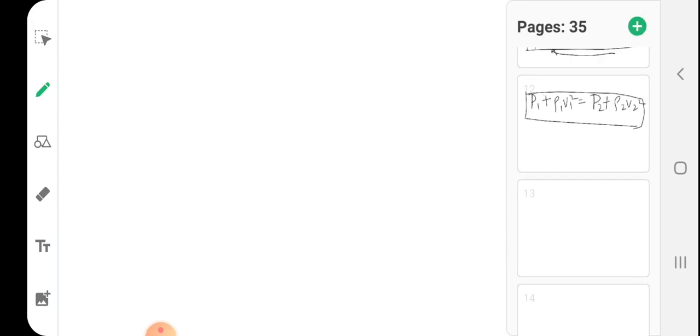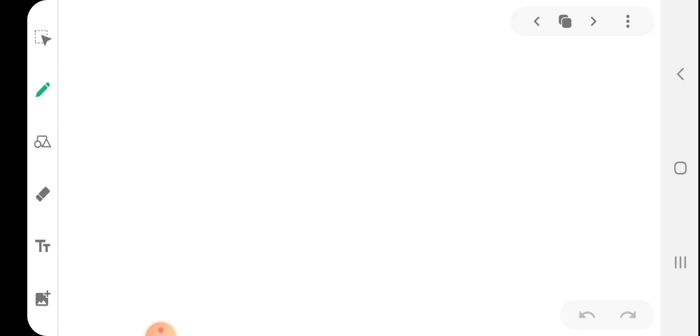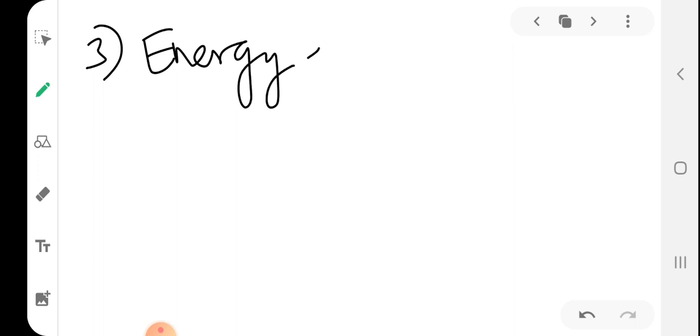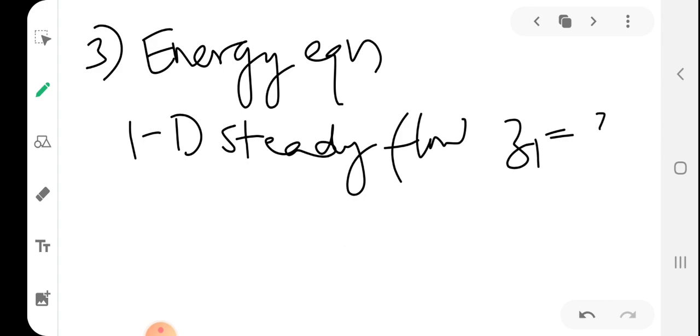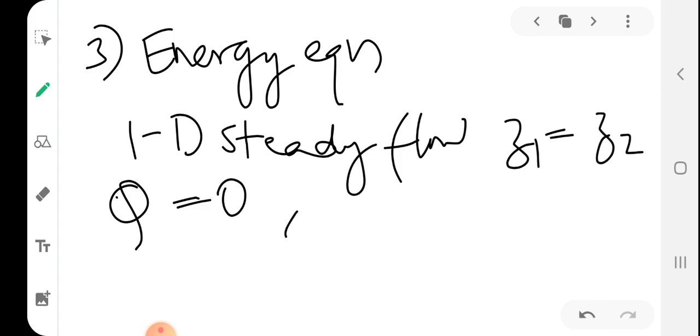And we have one more equation to write, that is the energy equation. So third is the conservation of energy equation. Since this is a steady one-dimensional flow, and the elevations are taken as z1 equal to z2, and q is equal to 0, adiabatic, since the process is adiabatic, and also W is equal to 0, there is no external work.